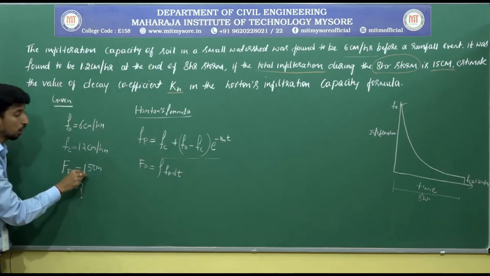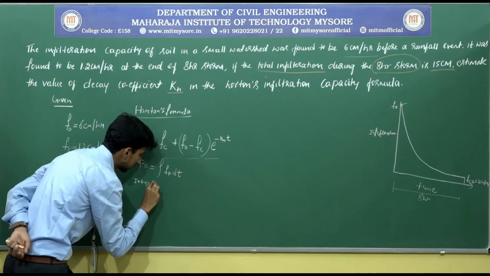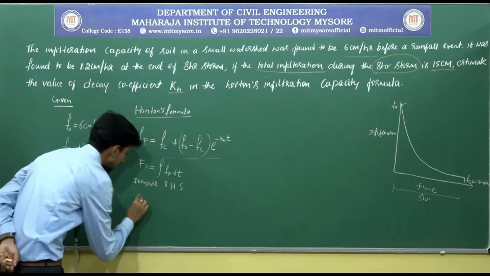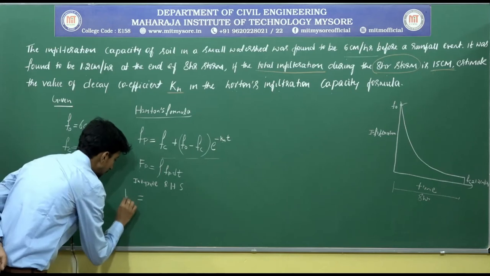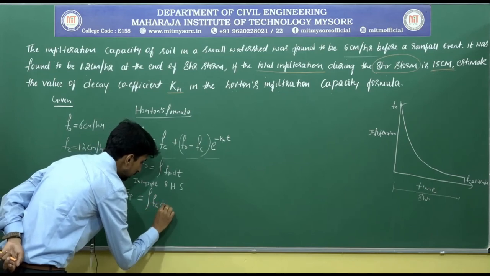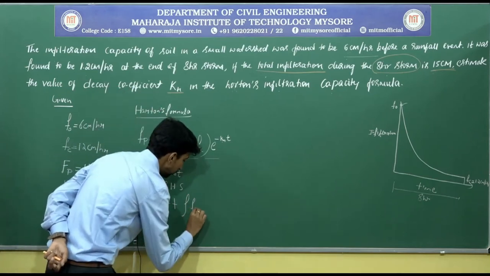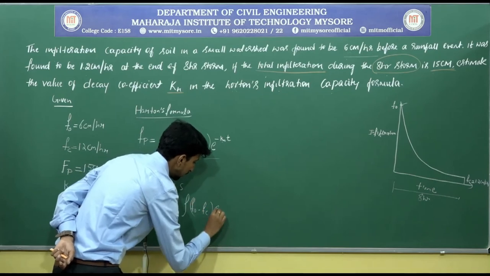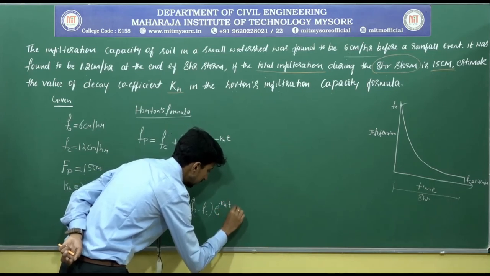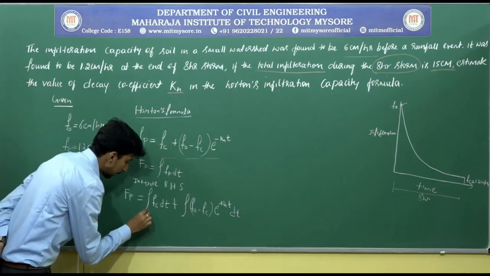Integrating the right hand side: capital Fp equals the integral of Fc dt plus the integral of (F naught minus Fc) e power minus Kh t dt, where it varies from 0 to t.